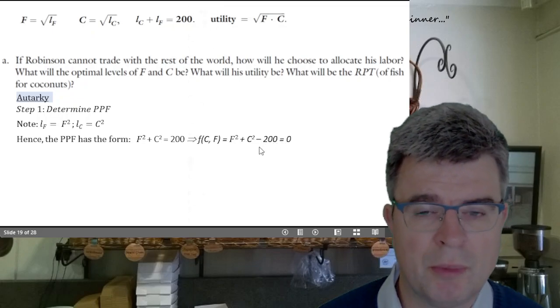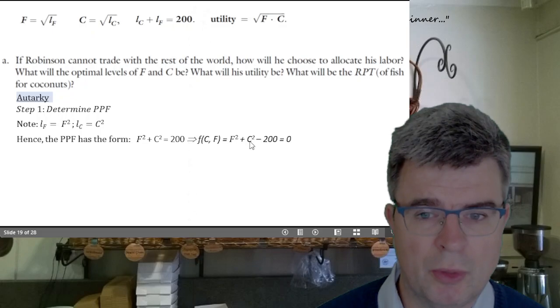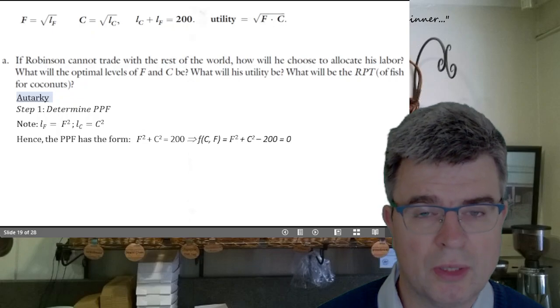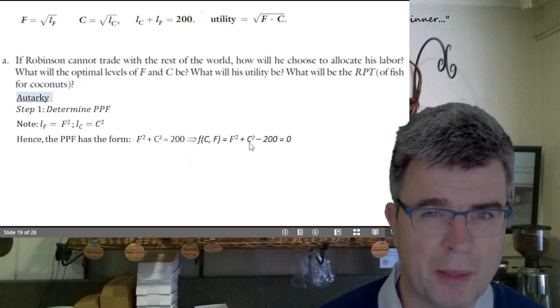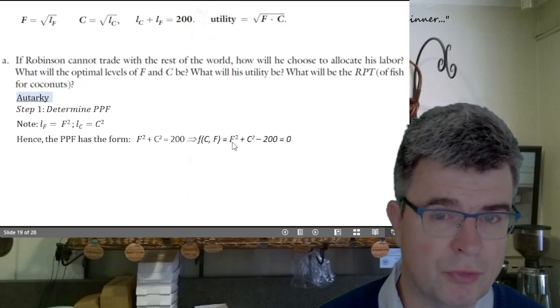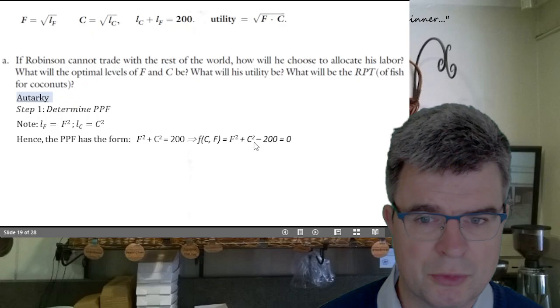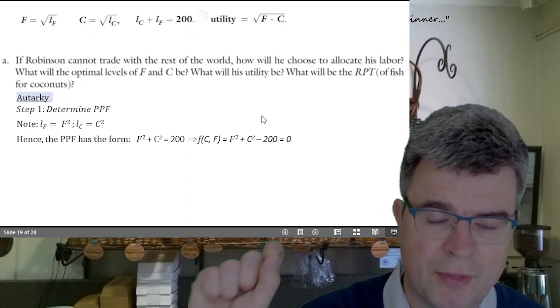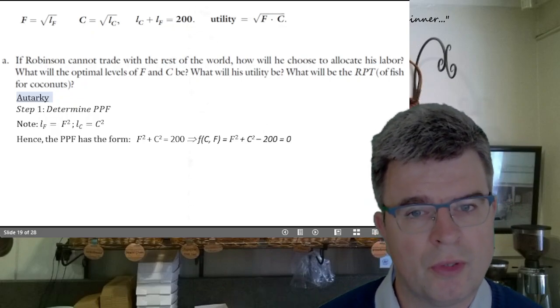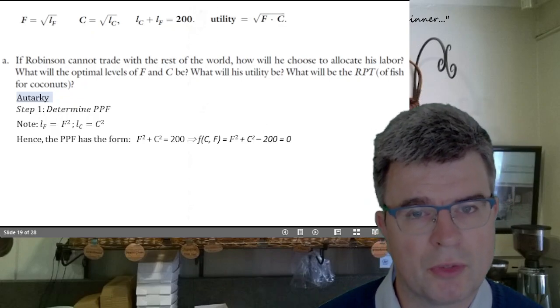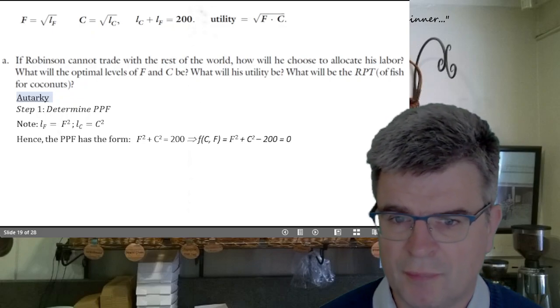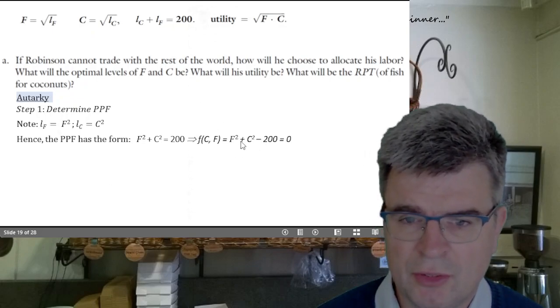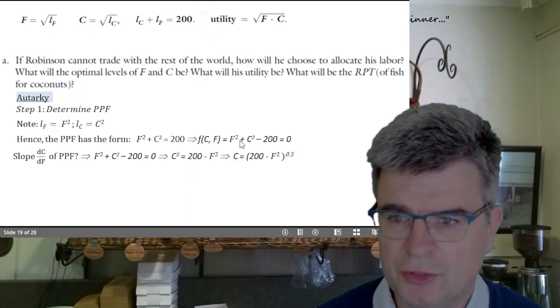So for example, if we would want to have 10 coconuts, so then c squared would be 100, then we could also produce 10 fish, because 10 squared plus 10 squared minus 200 satisfies the constraint. So the point 10, 10 is one point of the production possibilities frontier. And together this is the relation that gives us the entire frontier.